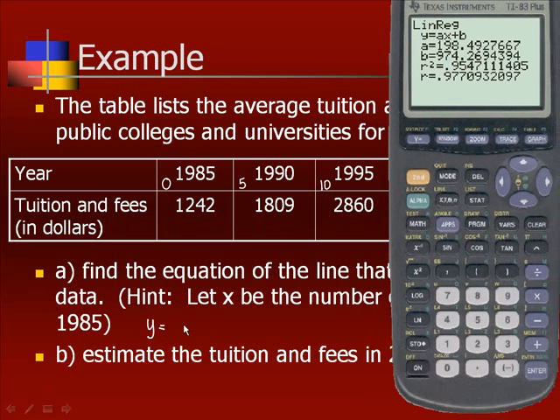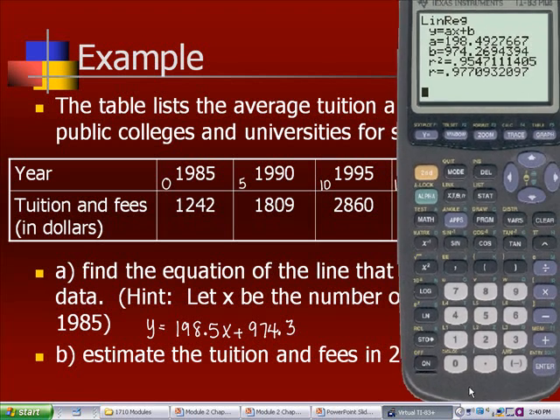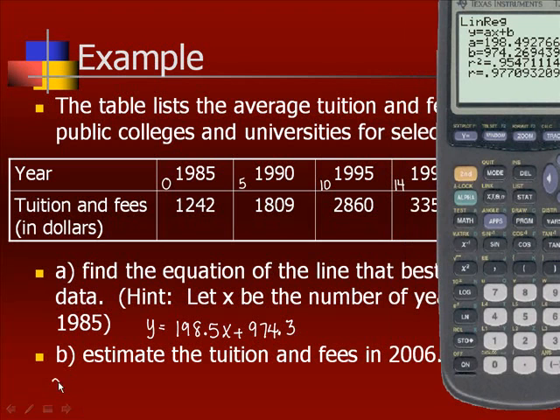So our equation would be y equals 198.5x plus 974.3. So when it says estimate the tuition and fees in 2006, well, first thing you've got to do is do 2006 minus 1985, which would give us 21. So for this problem, x is going to be 21.